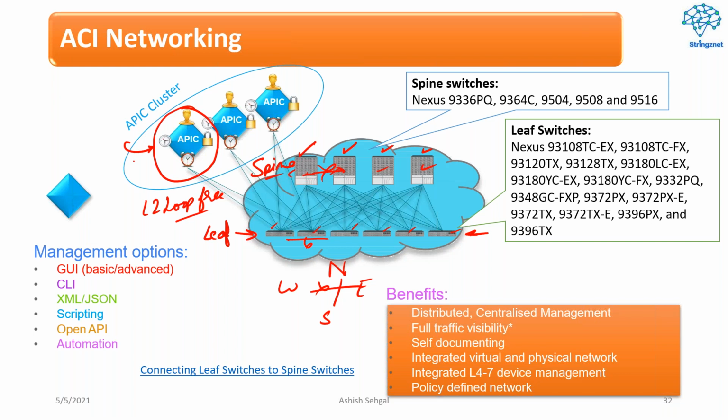So this is what we are going to see. With regards to the spine switches over here, that is the upper layer. The spine switches are our Cisco Nexus 9000 series switches. Of course, they have to be the upper layer 9000 series, wherein 9504, 9508 and 9516.